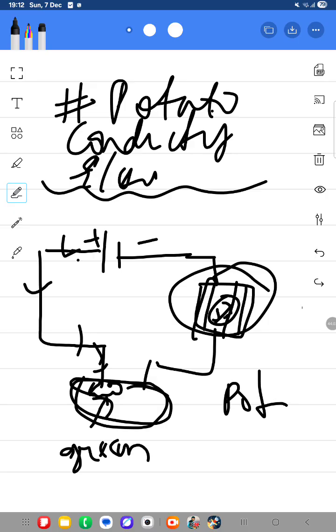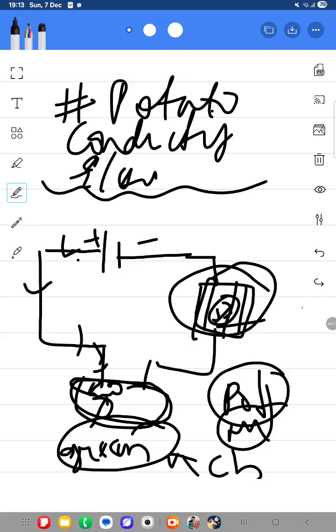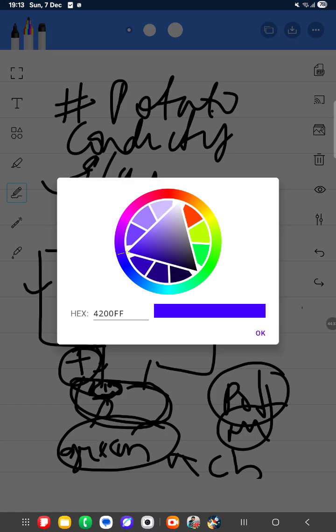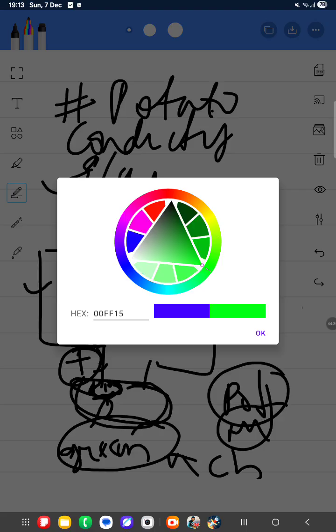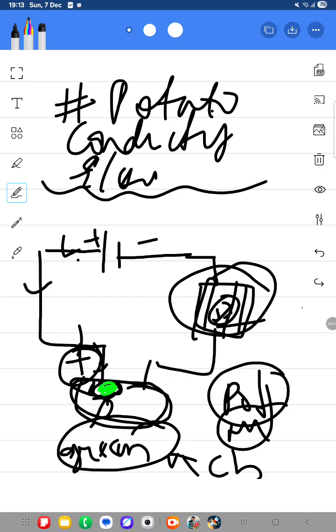Here in this example we have seen two main effects. One is magnetic effects, the deflection of the magnetic compass, and another one is chemical effects, because the part of the potato which is connected to positive terminal will turn green in color.